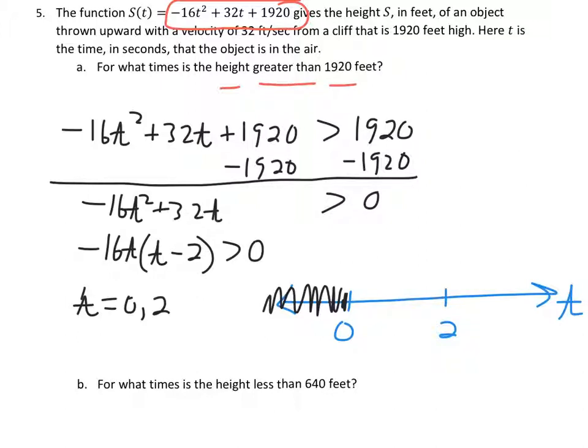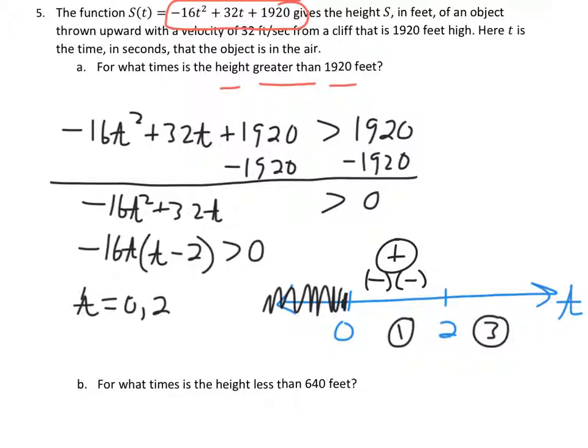So we really just have two test intervals, and I'm going to use test values of 1 and 3. When we use 1, we plug it in here, we get a -16, and then here we would get a -1, so it's a negative times another negative, so it's a positive.